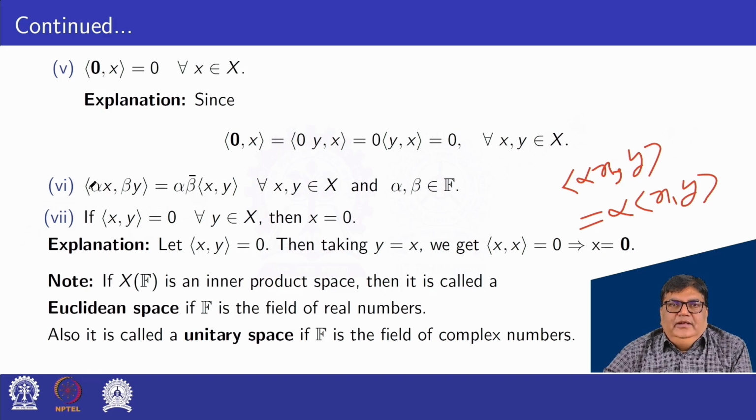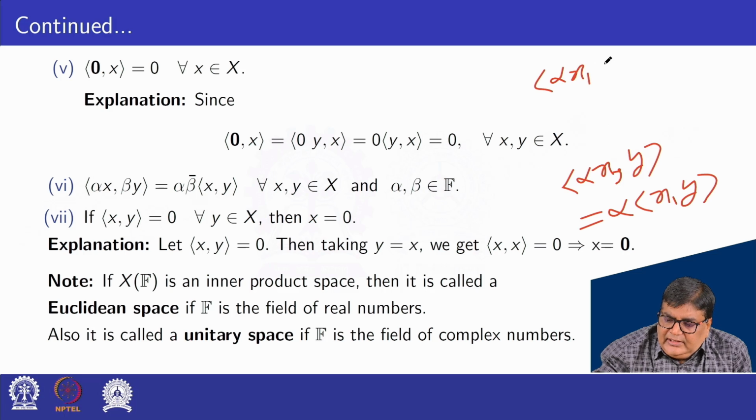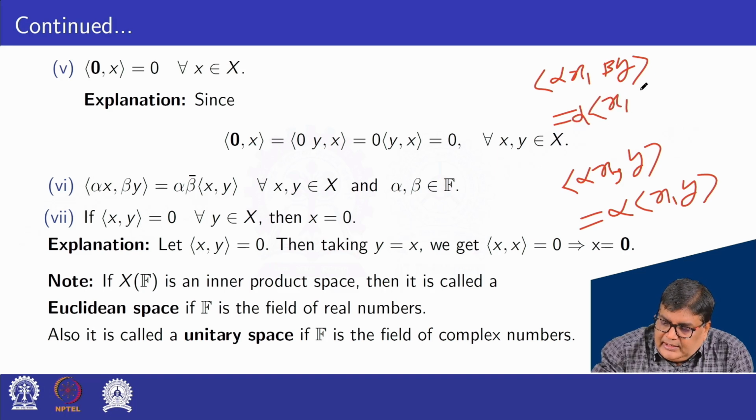Similarly, inner product of alpha x, beta y equal to alpha beta bar into inner product of xy for all x, y belonging to X and alpha, beta belonging to field F. So inner product of alpha x, beta y can be written as alpha times inner product of x, beta y.